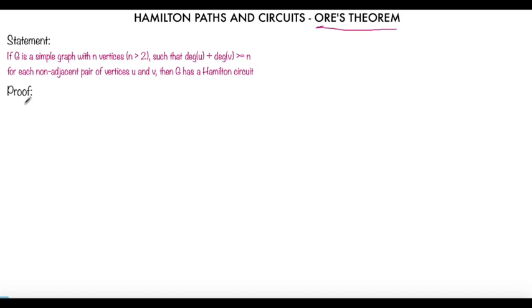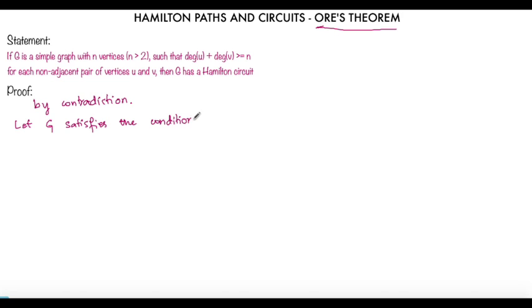Okay, so a strategy to prove this is by contradiction. So we will say, let G satisfy the condition.